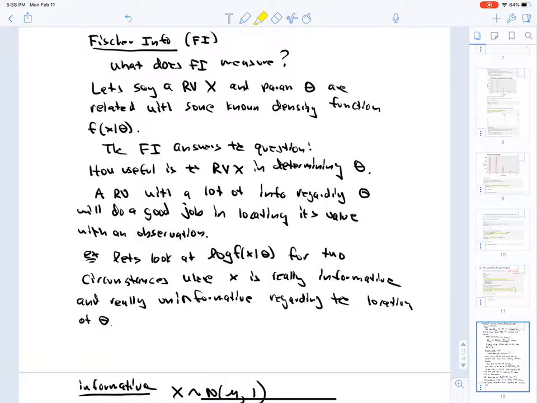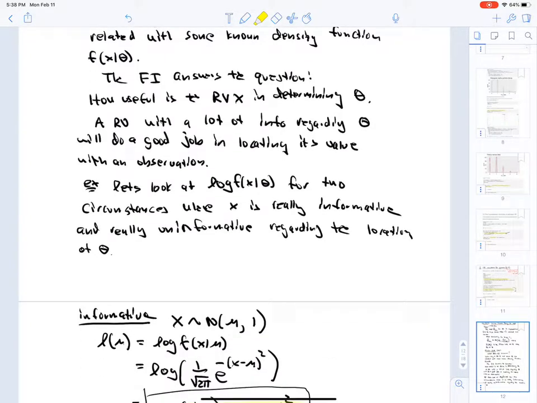So what does the Fisher information measure? Basically it tells you how useful your random variable, your data, is for determining theta, for finding an estimate for theta. So let's look at the log likelihood for two circumstances where our data is very informative and very uninformative.